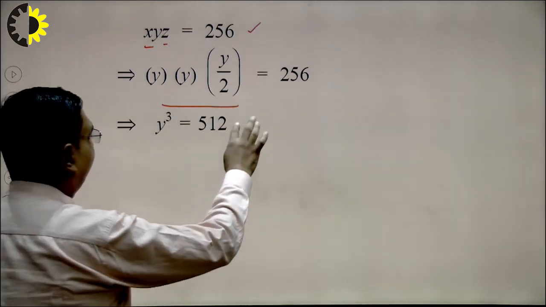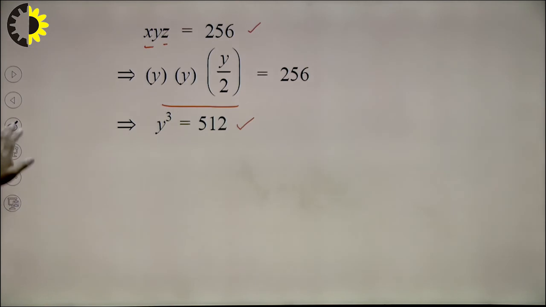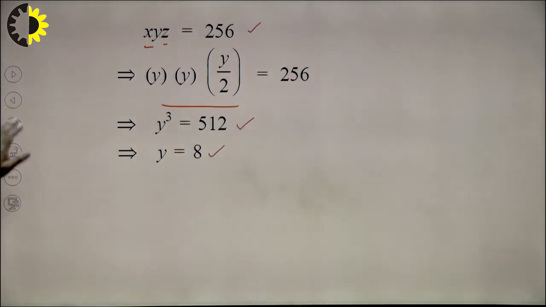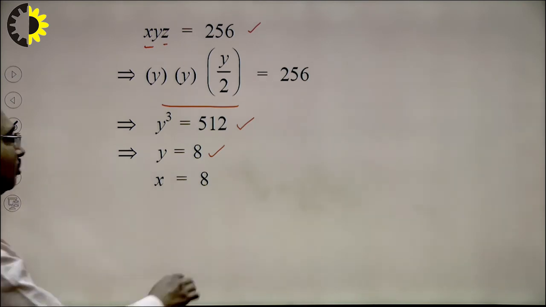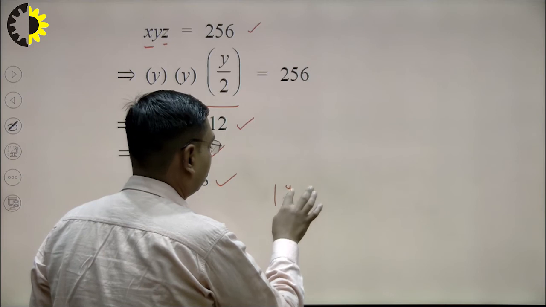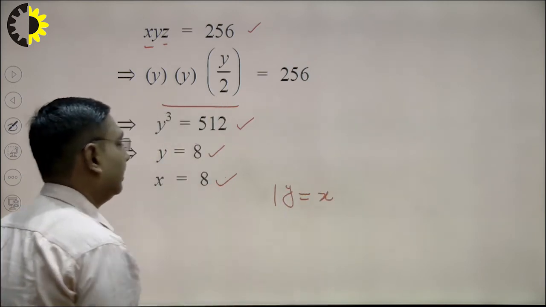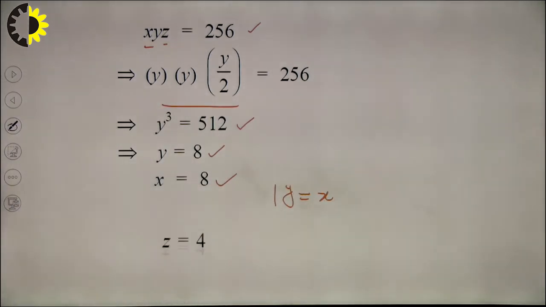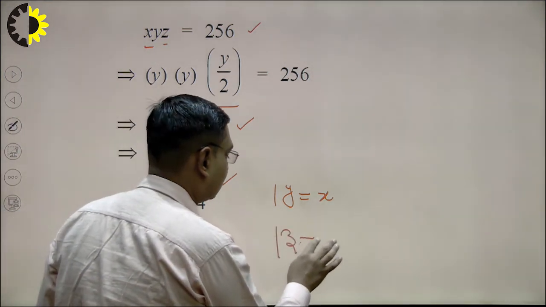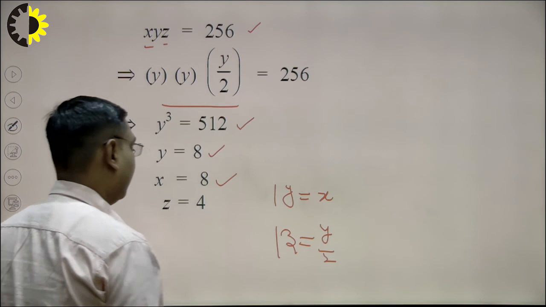This gives y cube equal to 512 and it gives y equal to 8. From this y, the value of x will also be 8 because y was equal to x. The z will be 4 because z was y by 2.